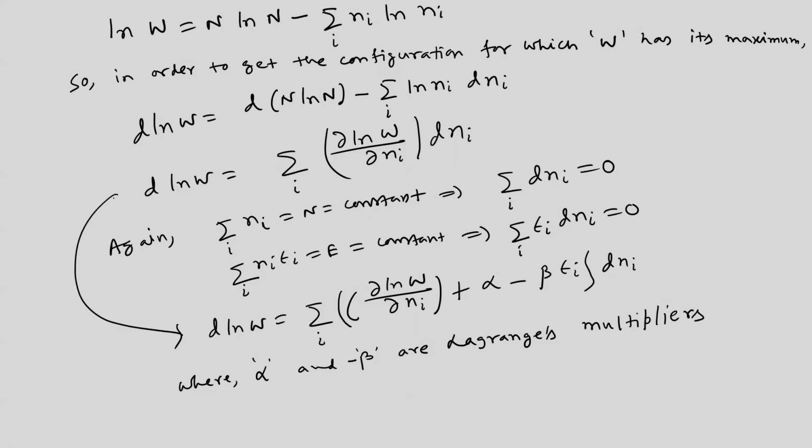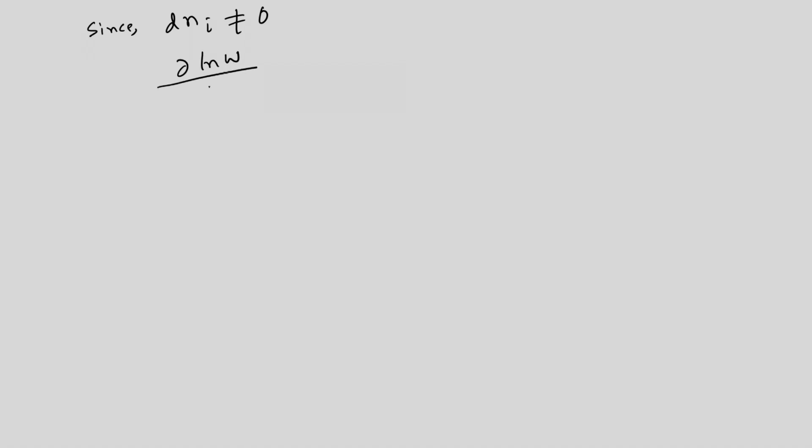Okay. So, what do you get now? Since dn_i is not equal to 0, we can write del ln W by del n_i plus alpha minus beta epsilon_i equals 0, and this is true for every i value.